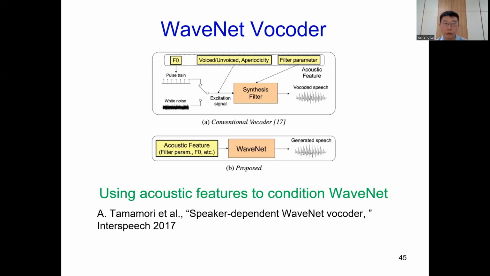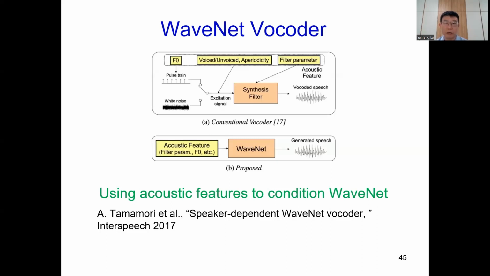But in this neural approach, in the middle is the WaveNet. But in this case, it's different from the original WaveNet. In the original WaveNet, linguistic features were used to condition the WaveNet. But in this case, acoustic features were used to condition the WaveNet. Then again, we have a mapping from acoustic features to waveform samples.